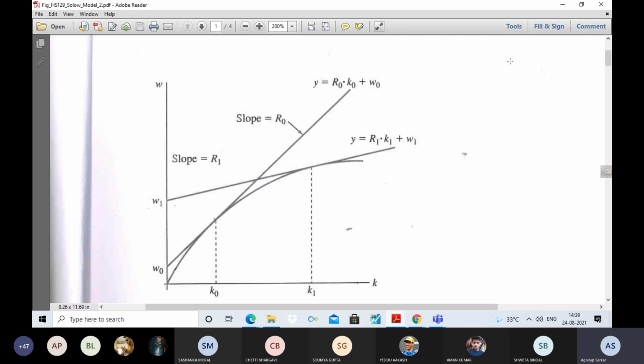Now that we have established the behavior of input prices during the transition, we can use this idea to look into a few policy experiments.